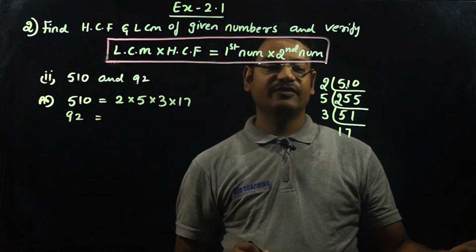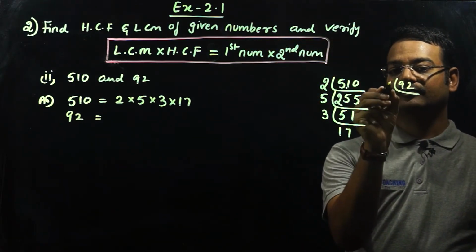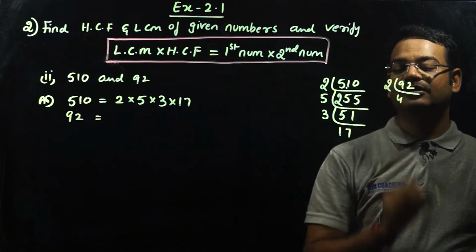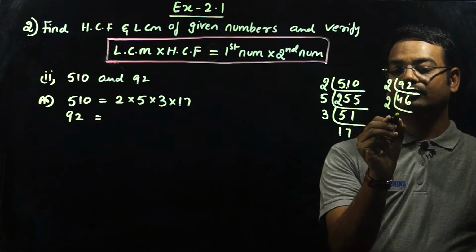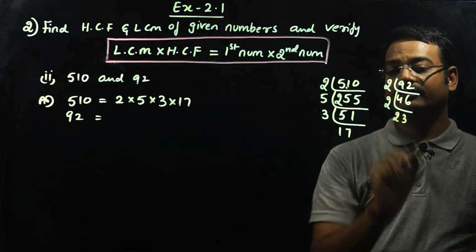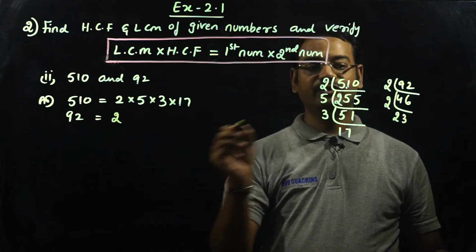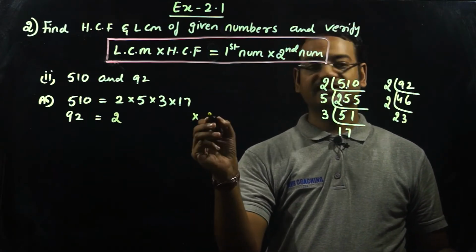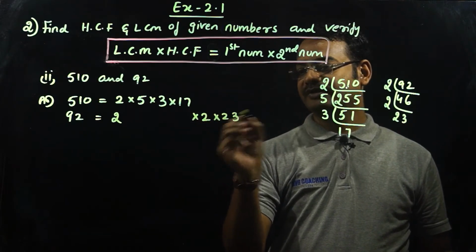and prime factors of 92. 2 4s are 8, 2 2s are 4, 2 3s are 6, 23 is the prime number. So this can be written as 2. We don't have another 2, we'll write 2 on the other side, and we also don't have 23.